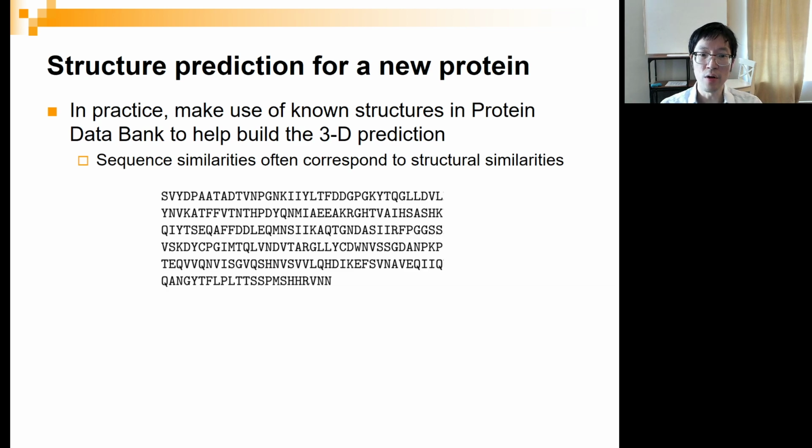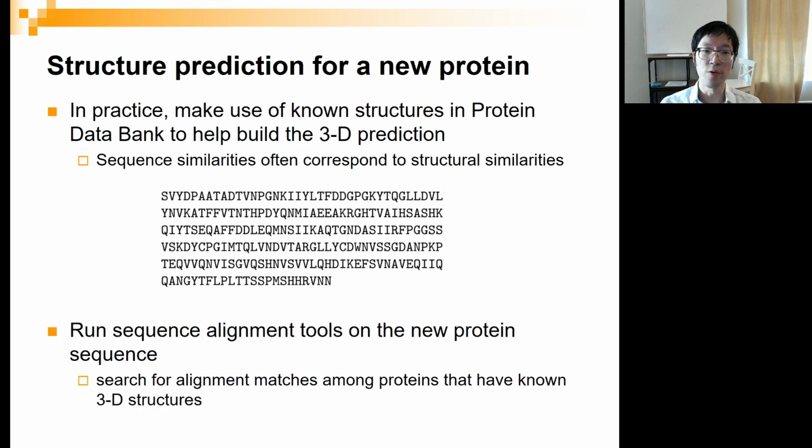How it is done is, because of this general principle, we would first take this sequence of amino acids and try to align it with sequences in existing databases.